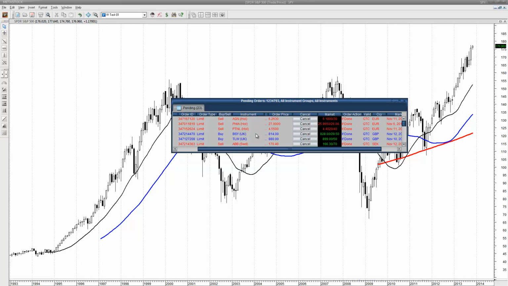British Sky UK, 814 going long at that level. Tullow Oil UK, 1880 going long at that level with a limit order, limit buy. And ABB from Stockholm, short sell at 170 krona and 40 öre. That's my short sell level.